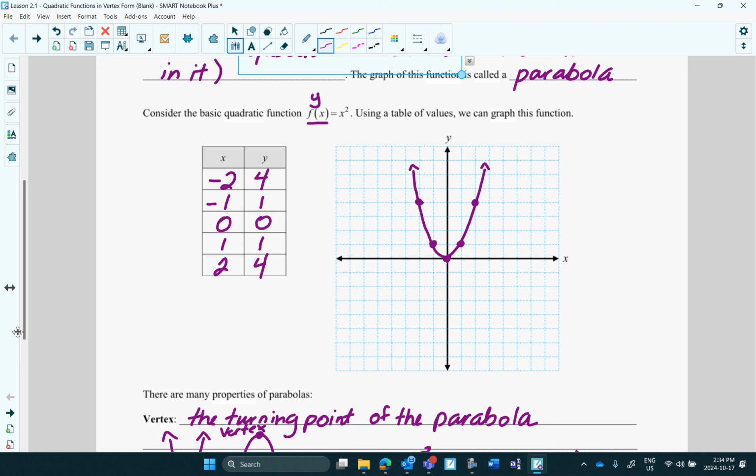So it's all the points from the furthest left to the furthest right. What point on this parabola is to the furthest left? Doesn't it actually keep going like this forever? Negative infinity. And to the right? Positive infinity.